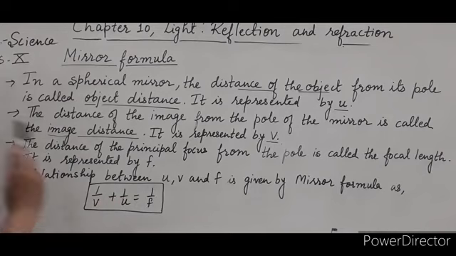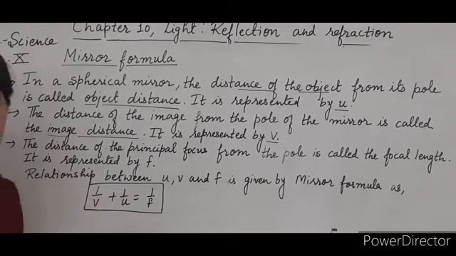That is, the sum of the reciprocal of the image distance and the reciprocal of the object distance is equal to the reciprocal of the focal length. We use the New Cartesian sign convention while substituting the values of u, v and f in the mirror formula. After this we will study magnification.